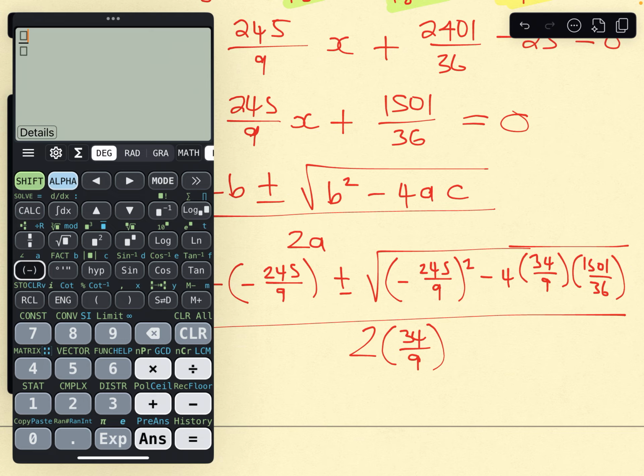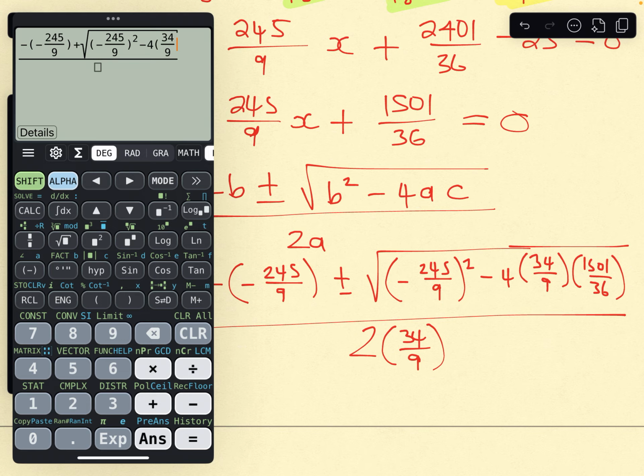So we've got negative 245 over 9. Let's start with the plus. And then here we've got again negative 245 over 9 squared minus 4 times 34 over 9. Is this still inside the bracket?